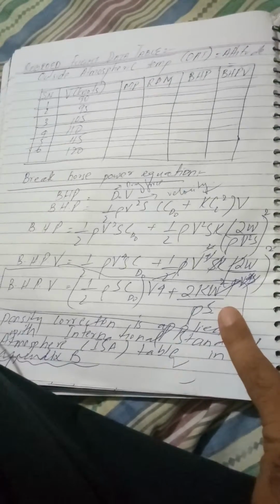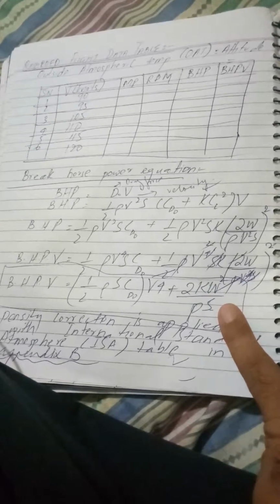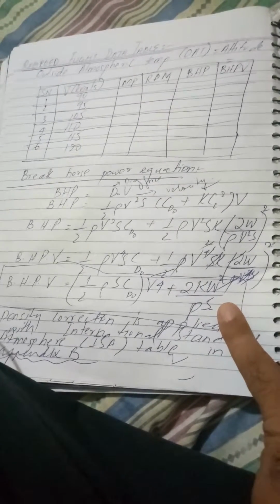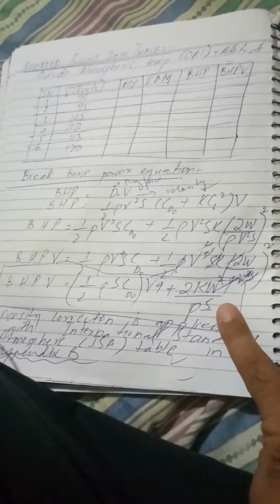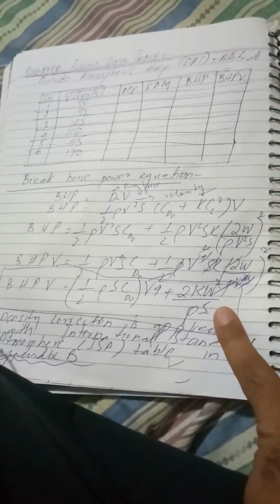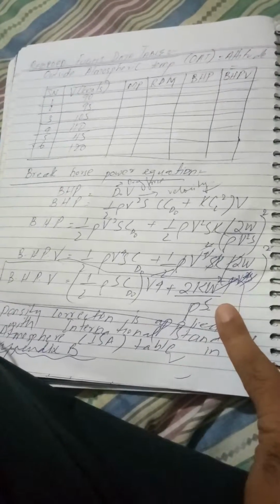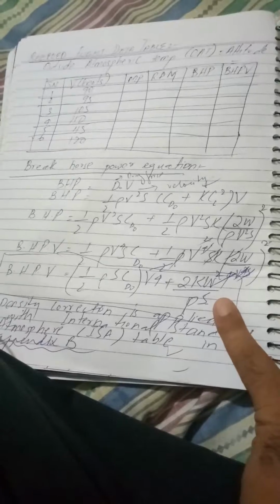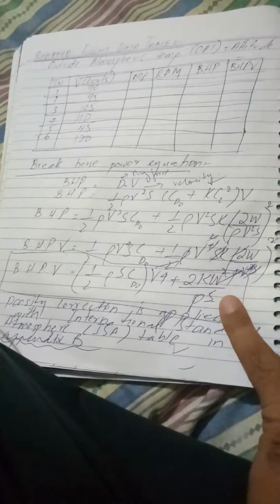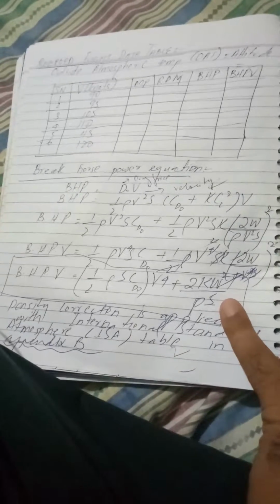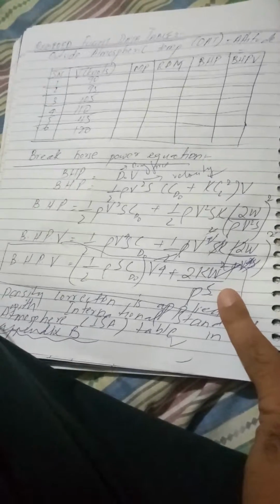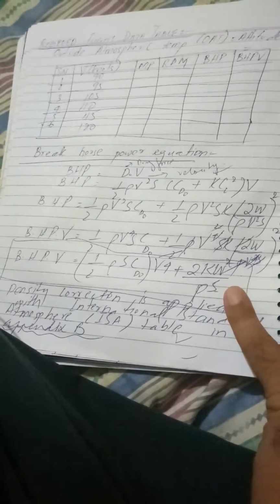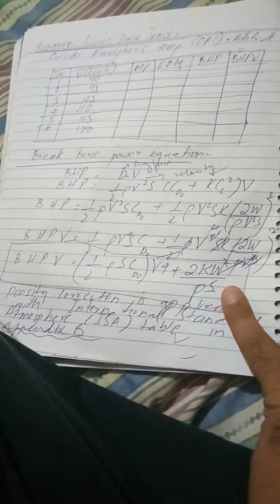The drag force is half rho V squared S, multiplied by CD naught plus K CL squared, which we have initially determined, and multiplied by V. Just doing the mathematical portion, we get this value: CD naught half rho V cubed S plus K with 2W squared over rho V S. So just cutting it out, we get this value, which is P, brake horsepower times velocity.